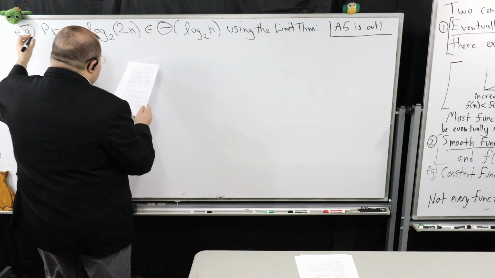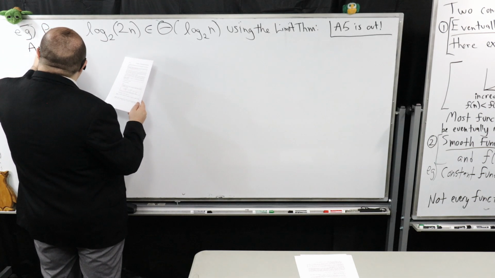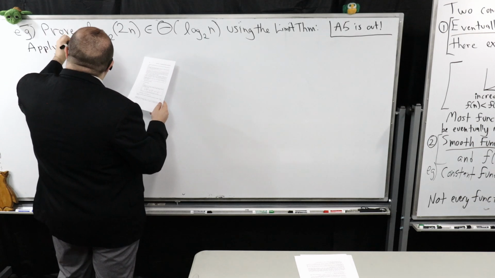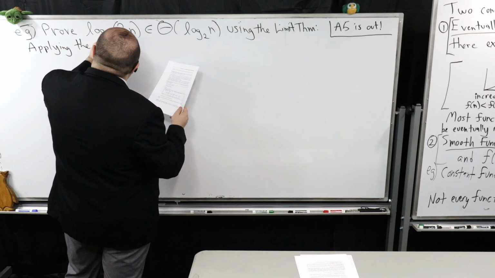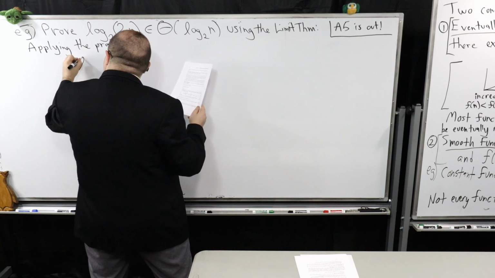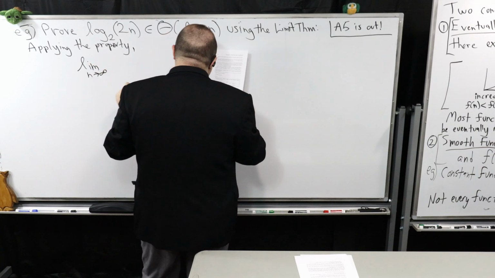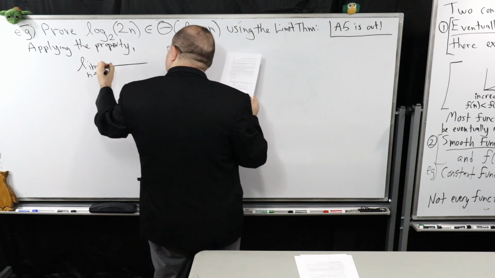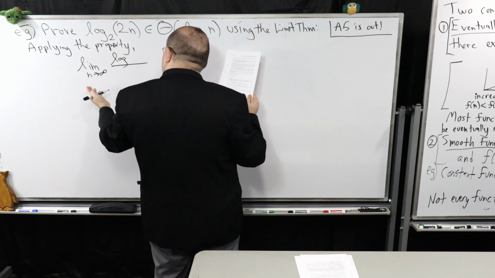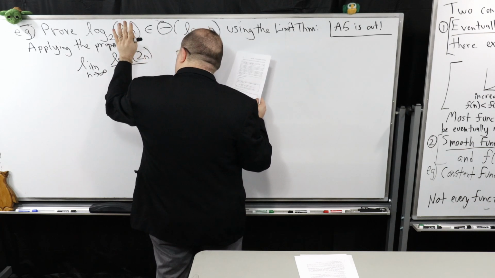So this one's great. I'm just applying the property. We're going to do the limit as n approaches infinity. I'm going to be kind of loose with this. The limit as n approaches infinity of log base 2 of 2n, the first function, goes right here.